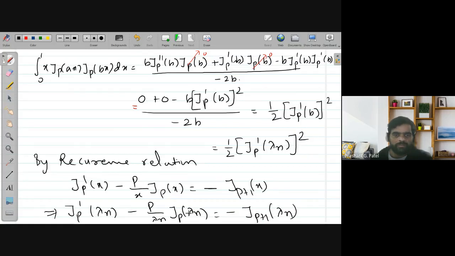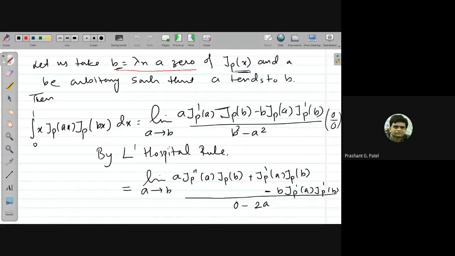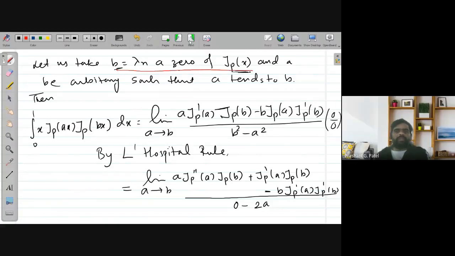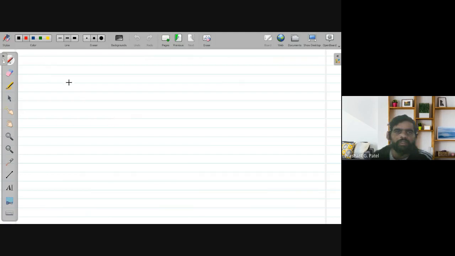But as per our assumption, we have taken b as a zero of Jp(x), so Jp(lambda n) is 0. So what we have is the square of this quantity: Jp'(lambda n) square will be Jp+1(lambda n) square.